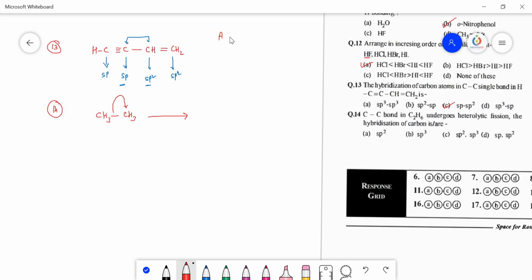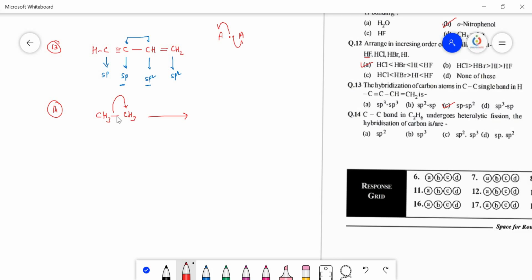Now homolytic cleavage means equal cleavage of the bond. One electron goes to one of the bonded atoms, and the other electron goes to the other bonded atom. But in heterolytic cleavage, both bond electrons shift completely to one of the bonded atoms.